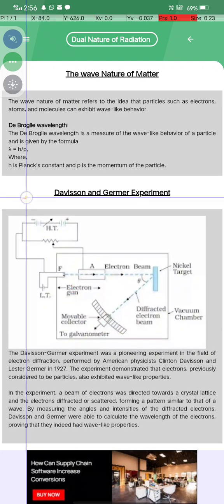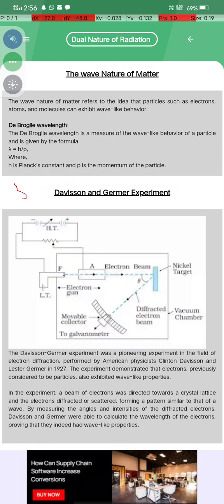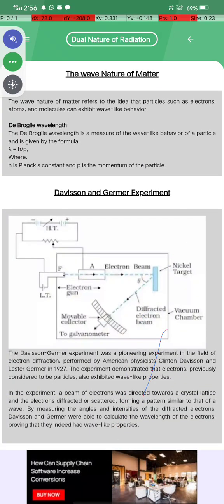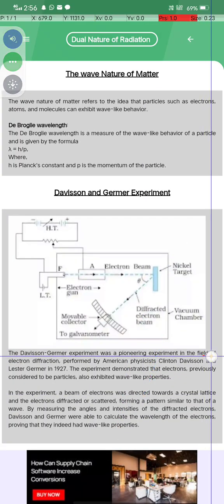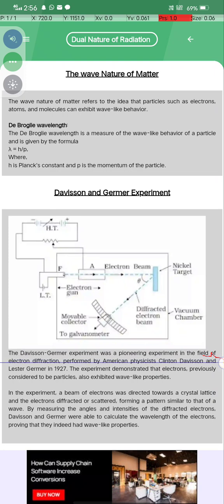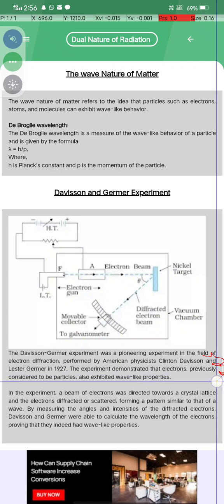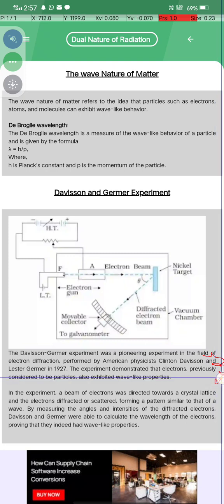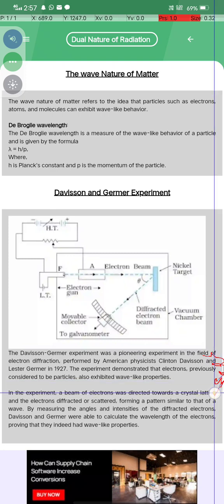Now see, what was the Davisson and Germer experiment? The Davisson-Germer experiment was a pioneering experiment in the field of electron diffraction, performed by the American physicist Clinton Davisson and later Germer in 1927. The experiment demonstrated that electrons, previously considered to be particles, also exhibit wave-like properties.